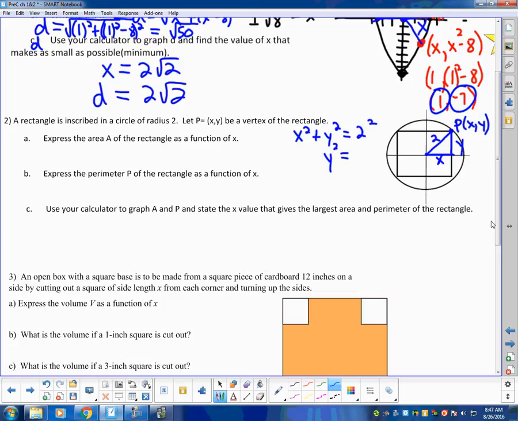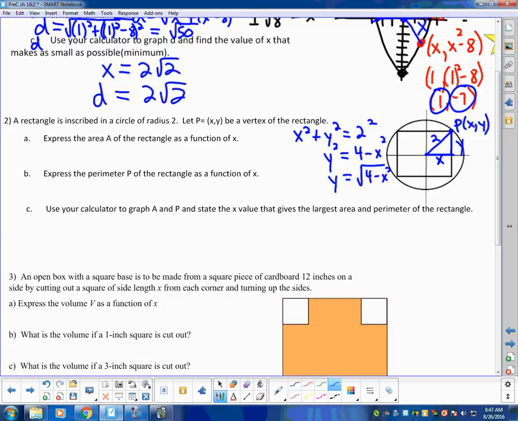So first of all, we're going to subtract the x squared over. So it's 4 minus x squared. And then one more step. Square root, and I'm only going to take the positive square root of it because I am in the first quadrant.